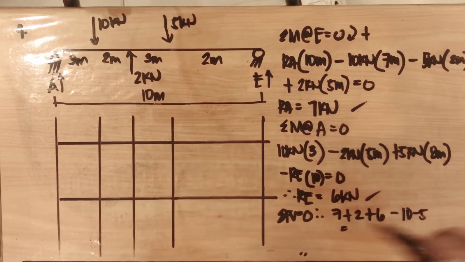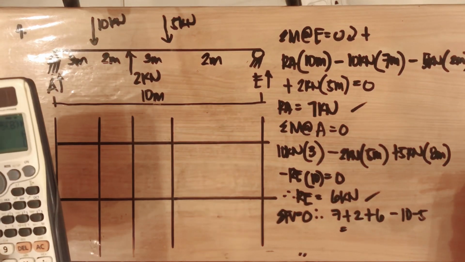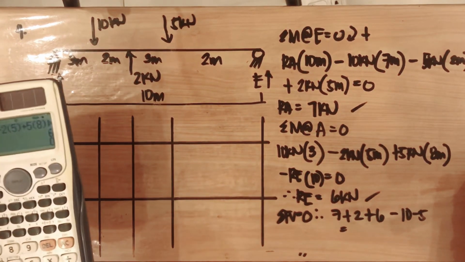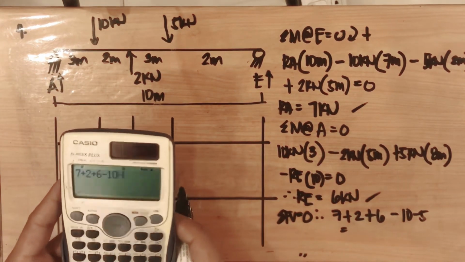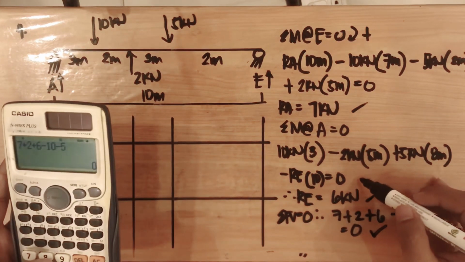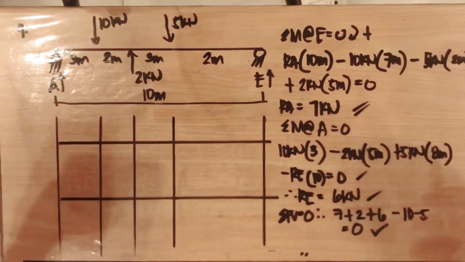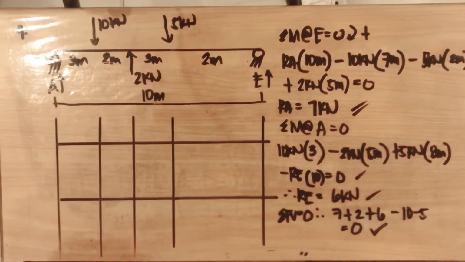So dapat ito equivalent to 0 since gumamit tayo ng equations for equilibrium. So 7 plus 2 plus 6 minus 10 minus 5 equivalent to 0. So it means tama yung reaction natin for RE and RA. So draw na natin yung shear and moment diagram.